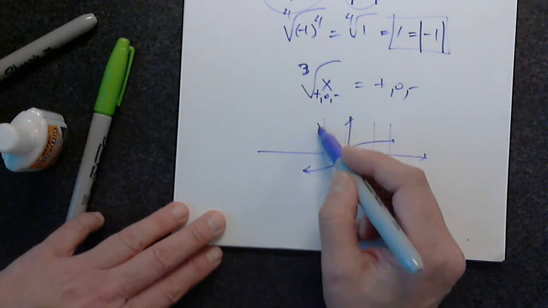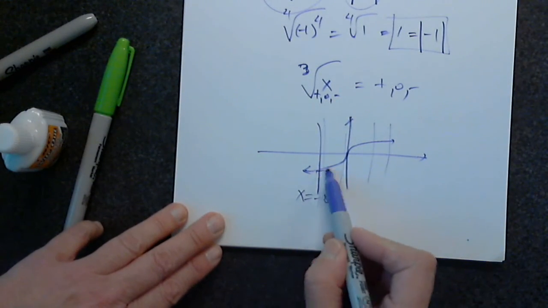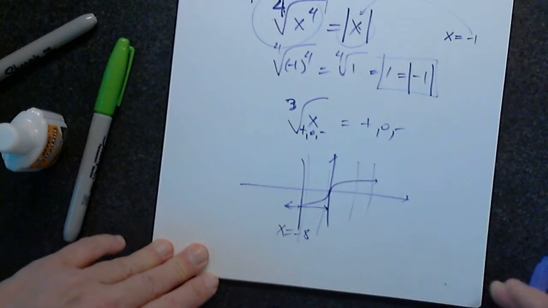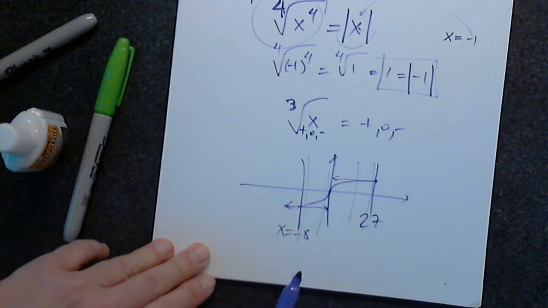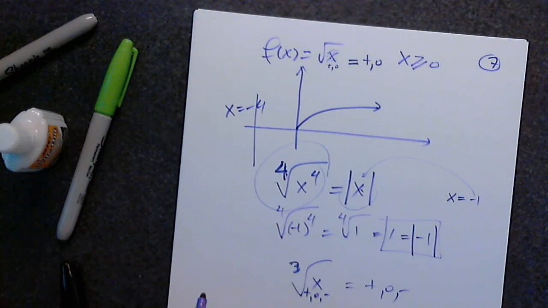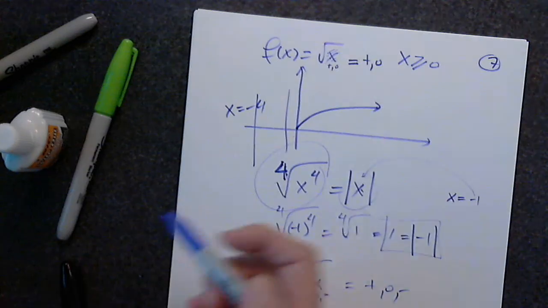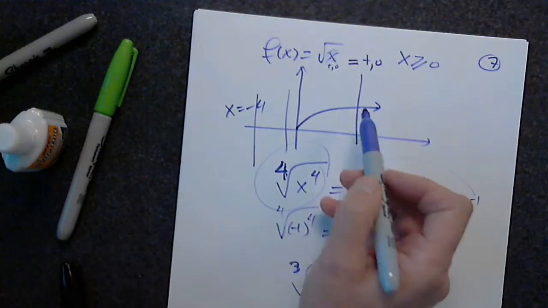But here, if you say plug in -8, fine, I'll give you -2. If you say plug in 27, I'll say fine, I'll give you 3. But here, if you say plug in -4, I'll say sorry. If you say plug in -1, I'll say sorry, it doesn't cross the function. But if you say plug in 4, then yes, I'll say 2.